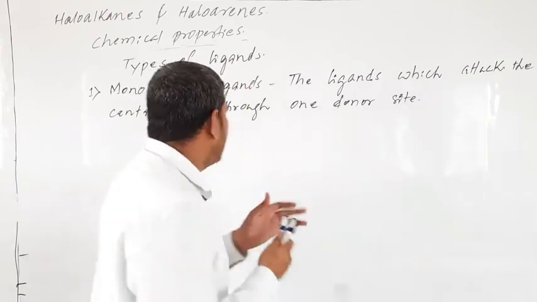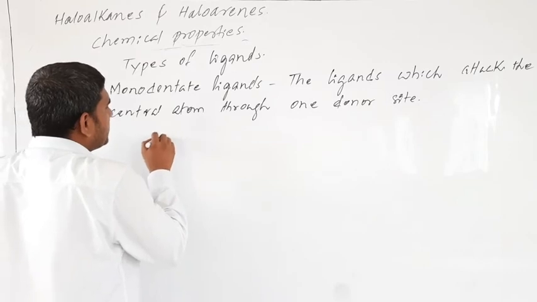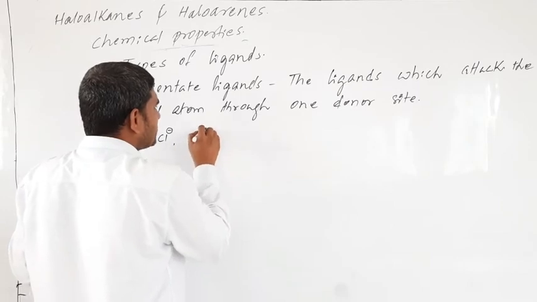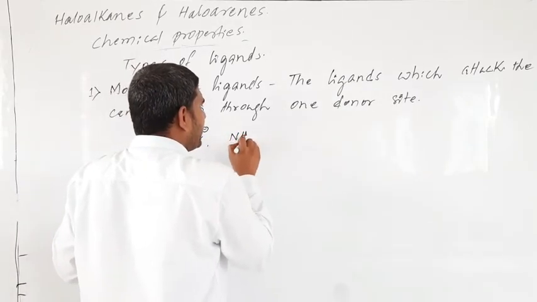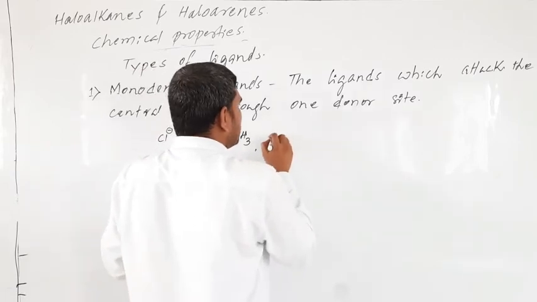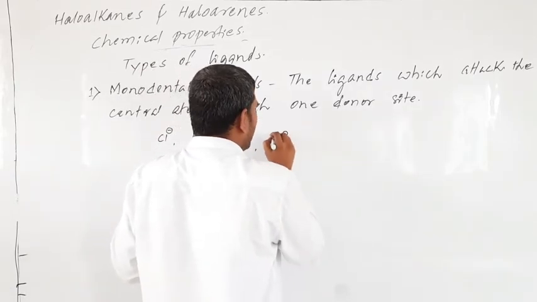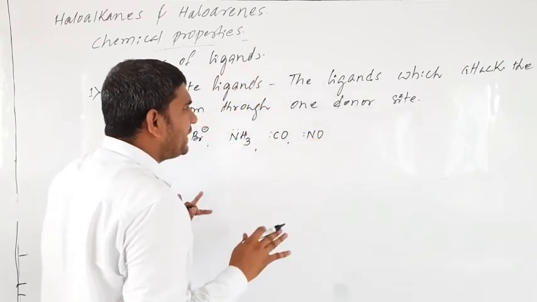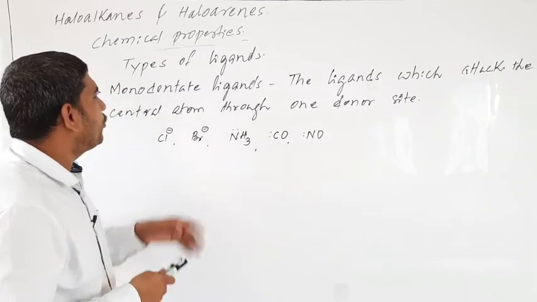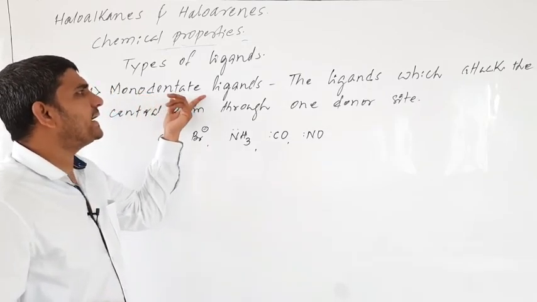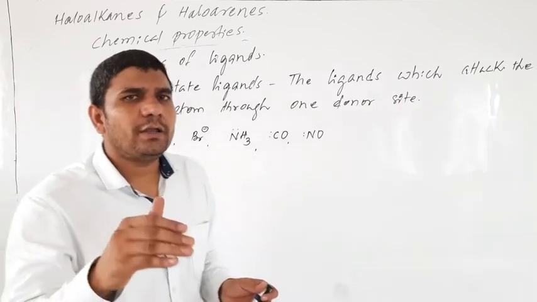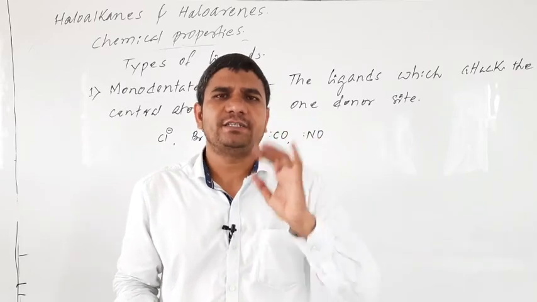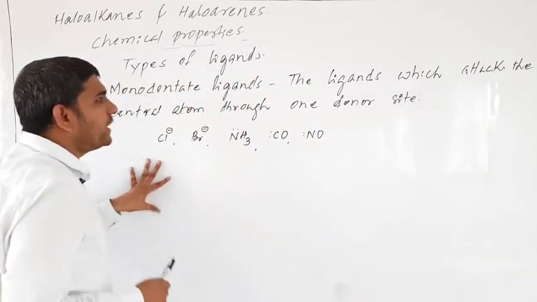Listen carefully. For example, Cl minus is monodentate, Br minus monodentate, ammonia monodentate, carbonyl monodentate containing lone pair, nitrosyl monodentate. You can define a monodentate ligand as a ligand which coordinates with a central atom through only one donor site. Understood? This is a monodentate ligand.